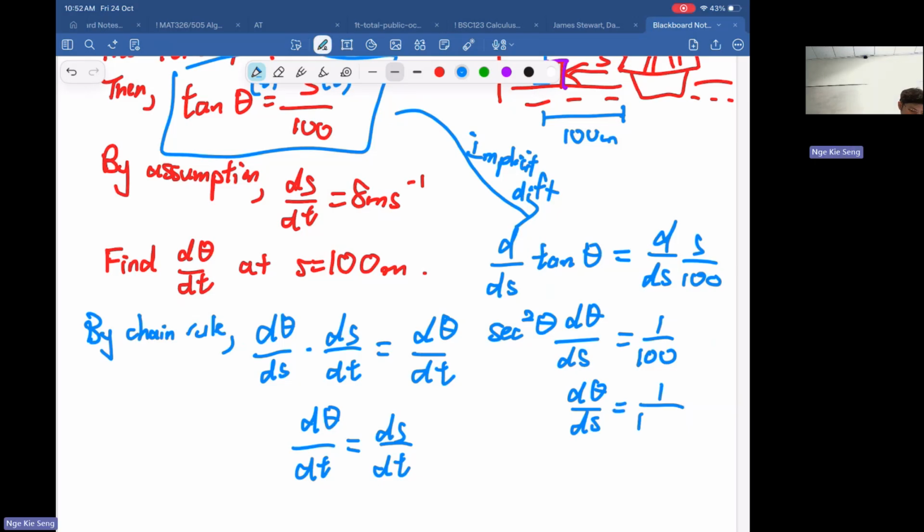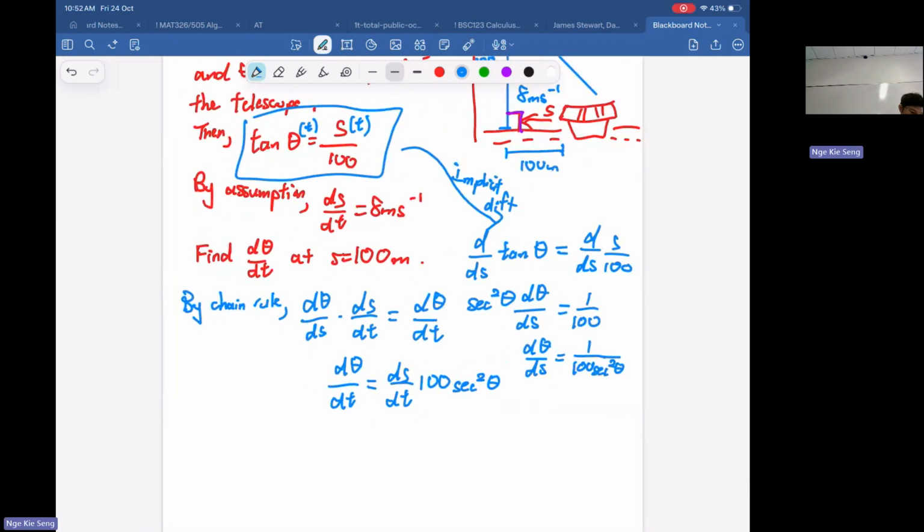So this is 1/100 over secant squared theta. So you divide by this or you multiply by its reciprocal.